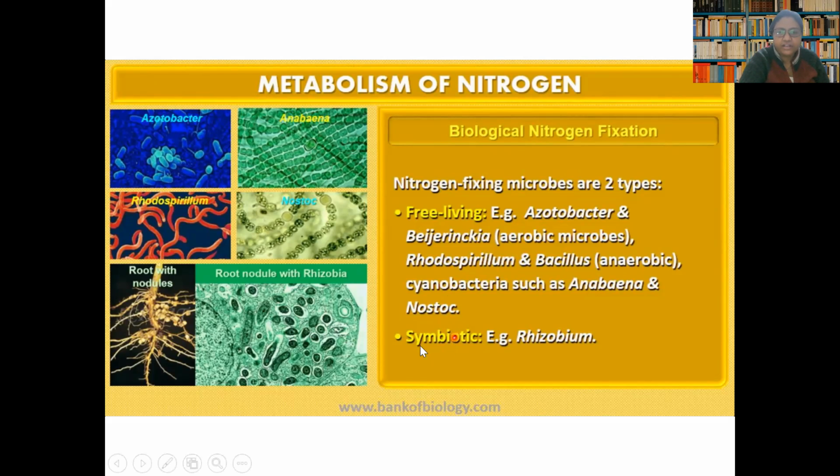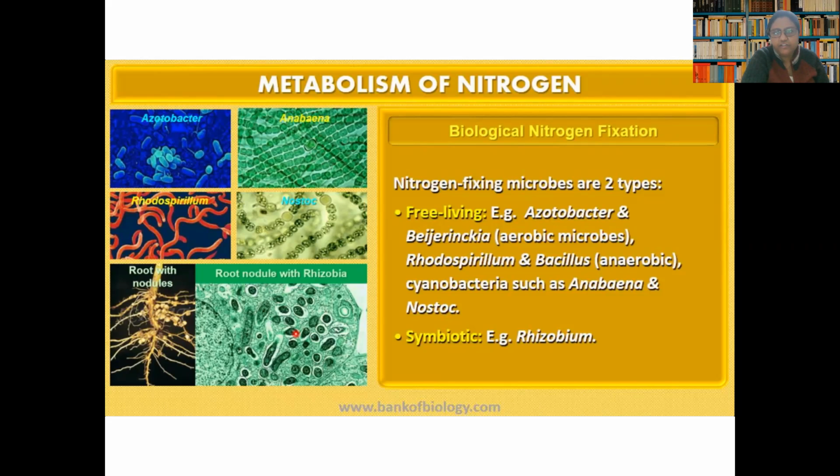Whereas symbiotic nitrogen fixers like rhizobium are staying in the root nodules of a specific plant. For example, Pisum sativum, that is pea plant, is a plant of leguminous family. This rhizobium is staying in the root of these plants, and it is getting shelter and other food substances from the plant.